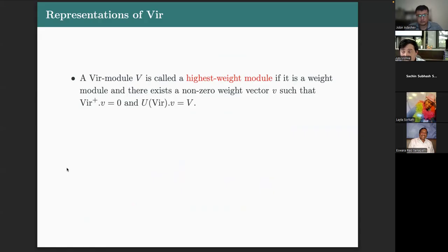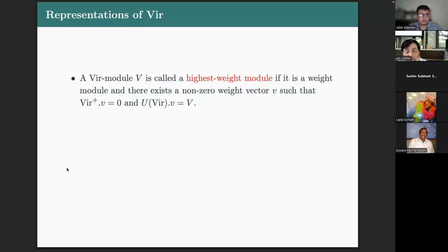Those are modules which are killed by the positive part, and repeated actions of the negative elements give you the whole module V. That is called a highest weight module. These are the Harish-Chandra modules, but they are not uniformly bounded modules.